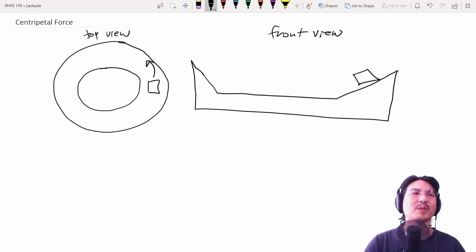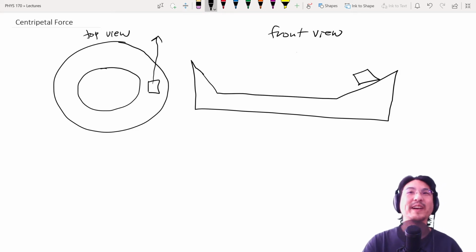So if you go really slow, like you come to a stop, what's going to happen? The car will want to slide down the ramp, right? If you just stop in the middle of the track, you'll slide down the ramp, which means you'll slide this way. If you go really fast, it's the other way around. You'll tend to run off the track.